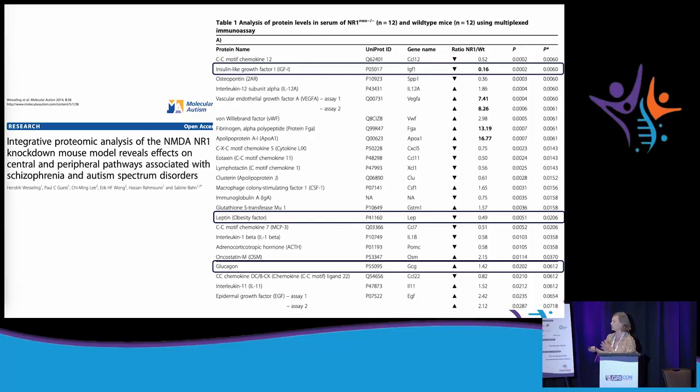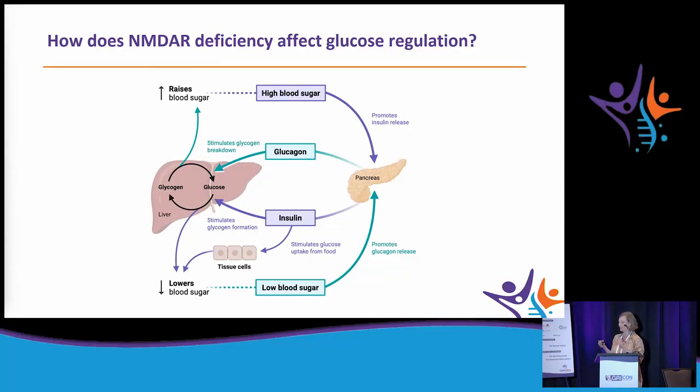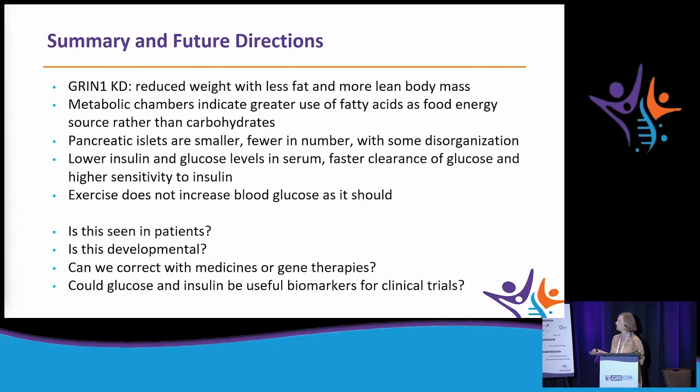So there are some changes that have been seen in some of these regulators of energy, and so just bringing us back to this picture, it does seem that there is a change in insulin and in the cells that produce insulin, and that doesn't necessarily lead to what we would call diabetes, but I think it does suggest some changes in glucose metabolism.